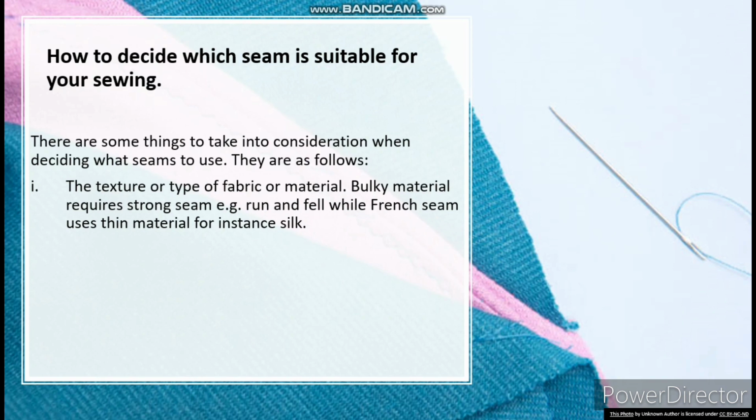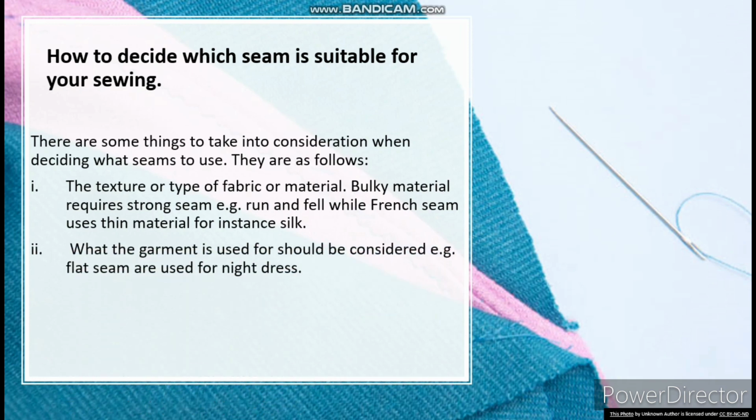One, the texture or type of the material. Like when we have a bulky material, it requires a strong seam. That is, you make use of run and fell, while French seams suit thin material, like silk, for instance.